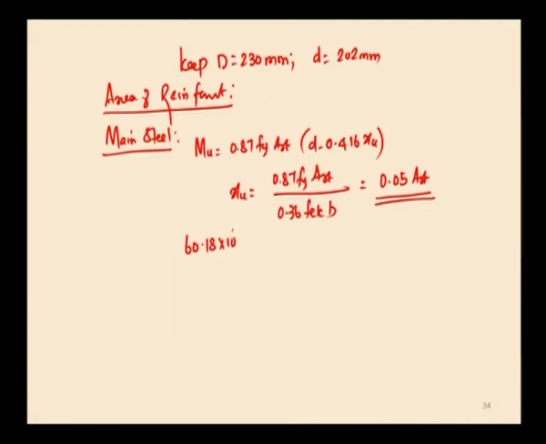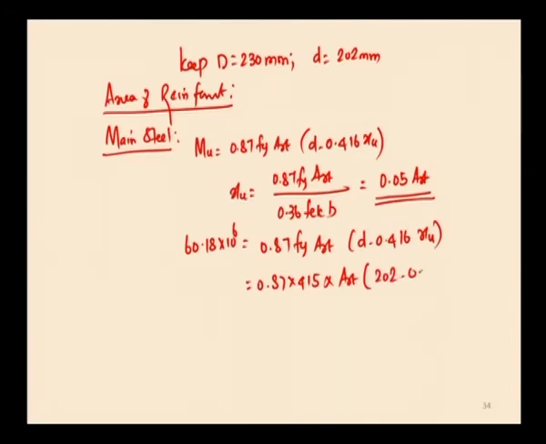60.18 into 10 to the power 6 is equal to 0.87 fy Ast into d minus 0.416 xu, that is 0.87 into 415 into Ast into d, which is 202, minus 0.416 into 0.05 Ast.